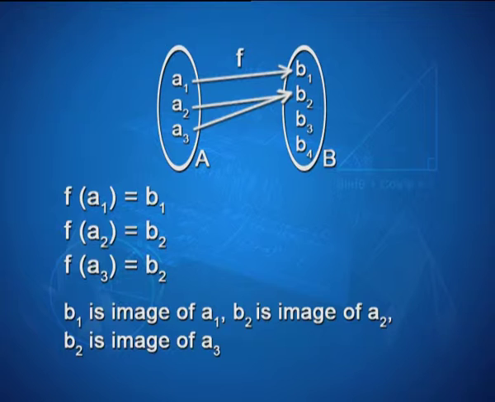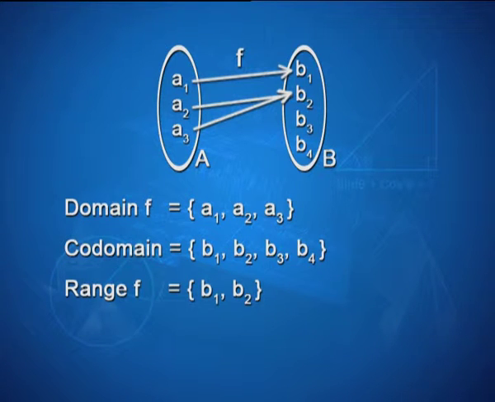In other words, A1 is the preimage of B1, A2 is the preimage of B2 and A3 is the preimage of B2. In this example, the domain of the function f is set A which contains elements A1, A2, A3, the codomain of the function is set B and the range of the function is the set of 2 elements B1 and B2.